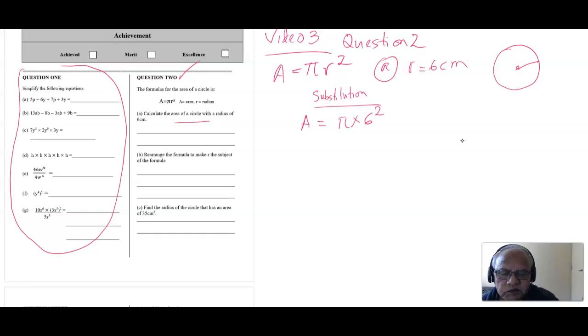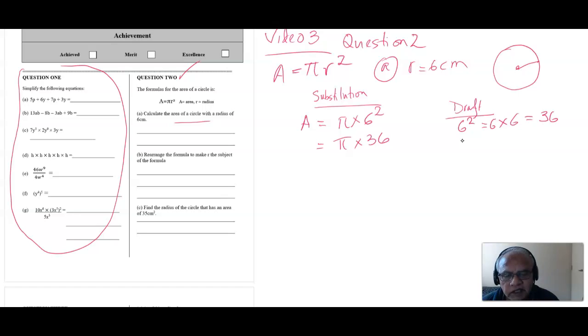Okay, so I'm going to do the draft work. Assume you don't have a calculator. So 6 squared means 6 times 6, which gives you 36. So basically we are looking at pi times 36.